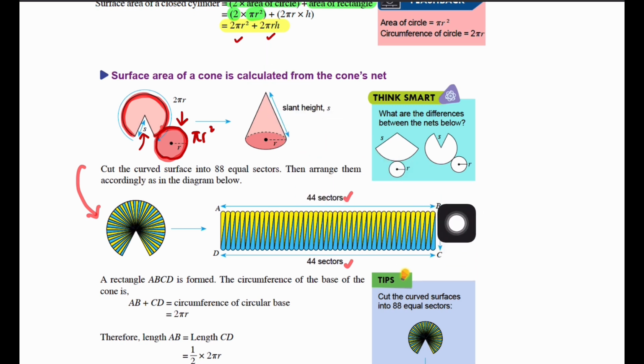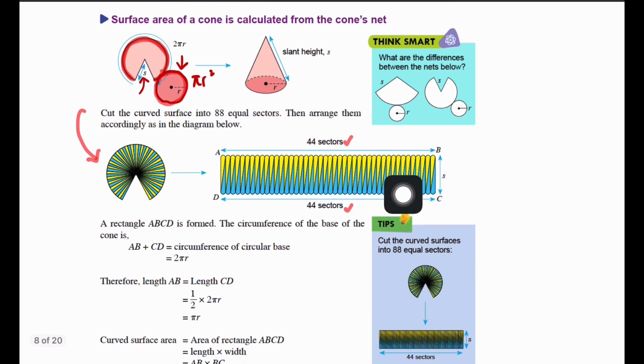Okay, boleh? Sekarang kita tengok ni adalah macam bentuk segi empat ni kan. Kita ada bentuk ABCD. A rectangle ABCD is formed. The circumference of the base of the cone, base of the cone tadi kan, is AB plus CD. So circumference of the circular base is 2 pi R. Betul lah yang ni tadi kan.